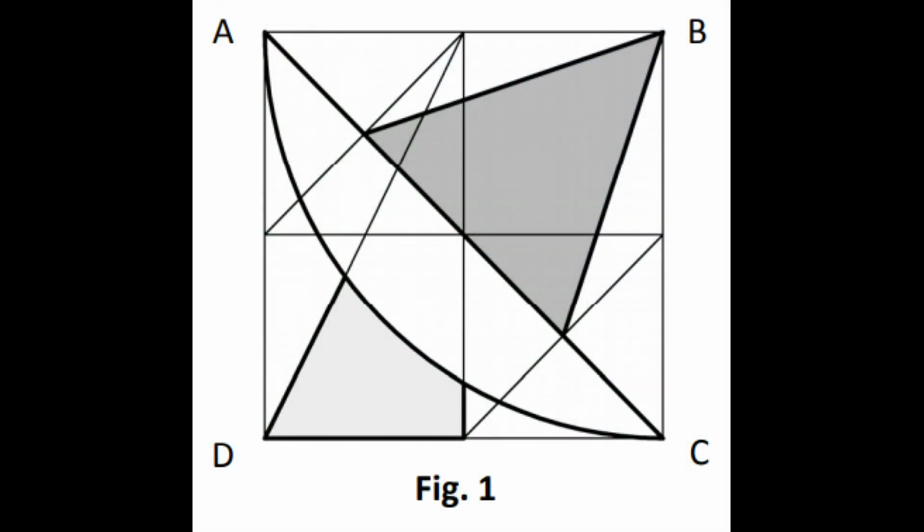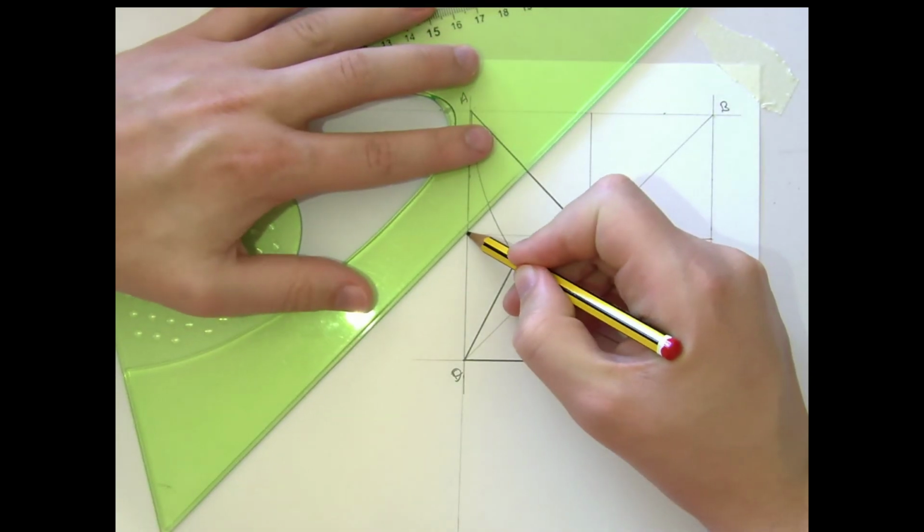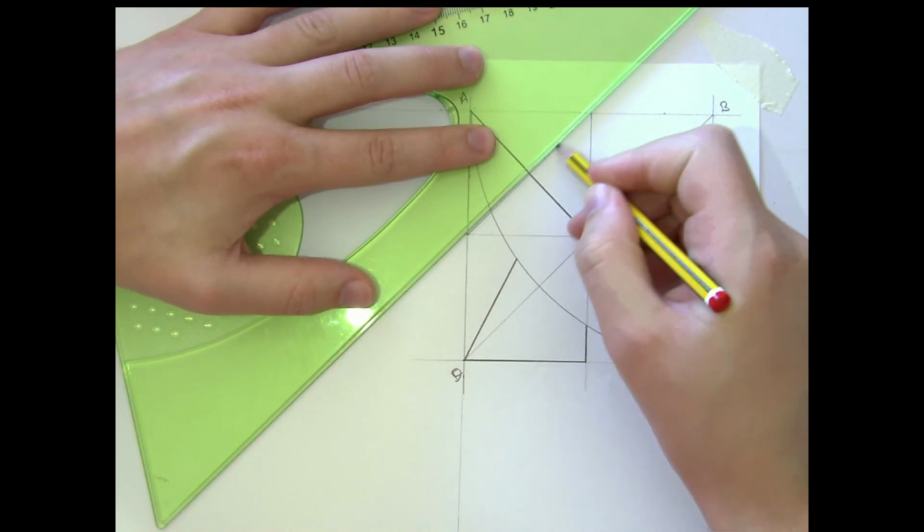And looking at the question again, the final part is we need to find where the dark grey pieces coming from B to the dish start. And to do that, we're going to join the midpoints of the line AB with the line AD. So join this point to this point down here. So midpoint to midpoint.